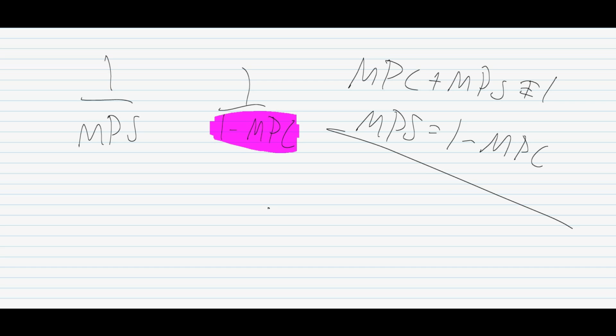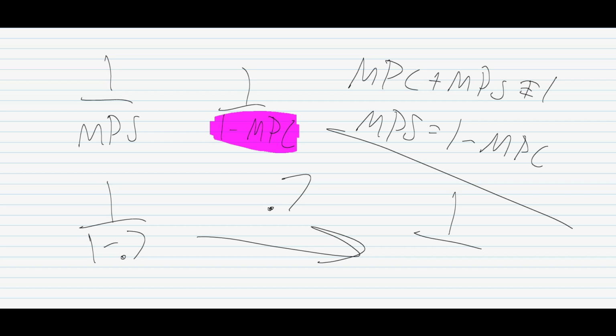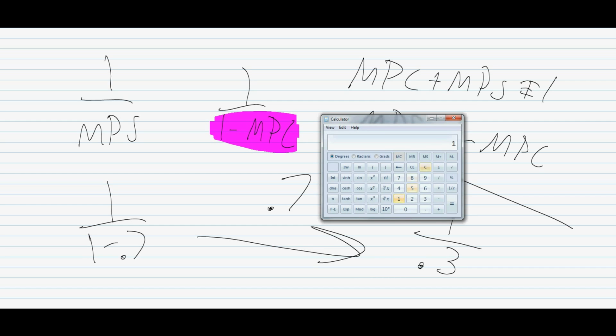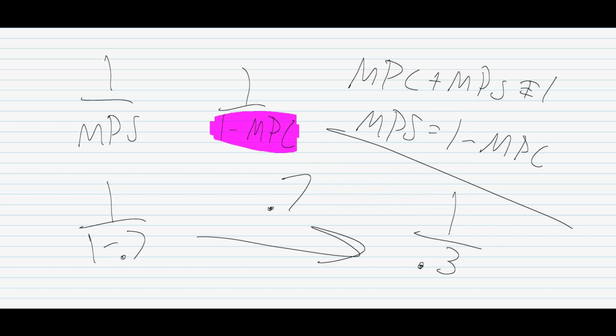So let's say we're told that the marginal propensity to consume was 0.7. What's 1 over 1 minus 0.7? It would be 1 over 0.3. Now let's do that. 1 divided by 0.3 is 3.33.